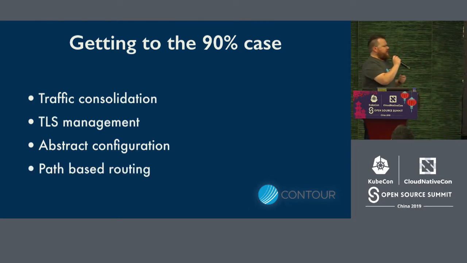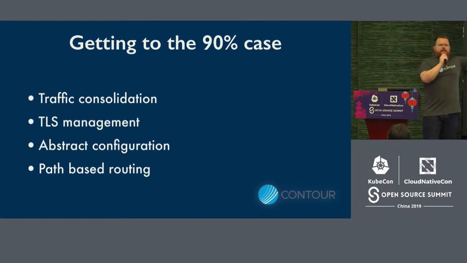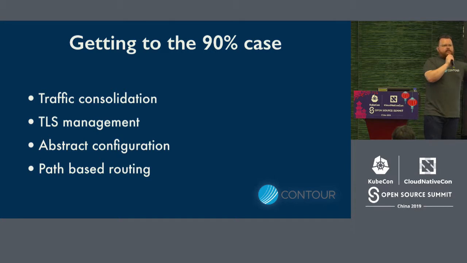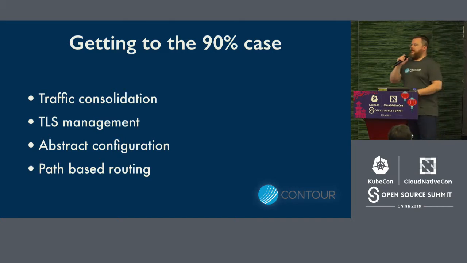And the last one is path-based routing. So going back to the first point, if you're using a service IP with a cluster, you get TCP at layer 3 down to your pods. Not HTTP, not HTTPS, just TCP. You have to take care of running a web server to do that TLS handshake, to do path-based routing, all of that stuff.